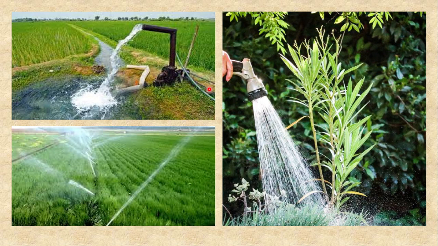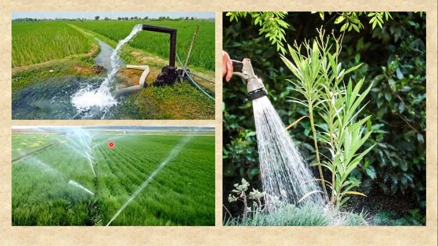There are different ways of irrigation. The first type of irrigation is named surface irrigation. It means simply that the water under the action of gravity can travel from place to the crops.